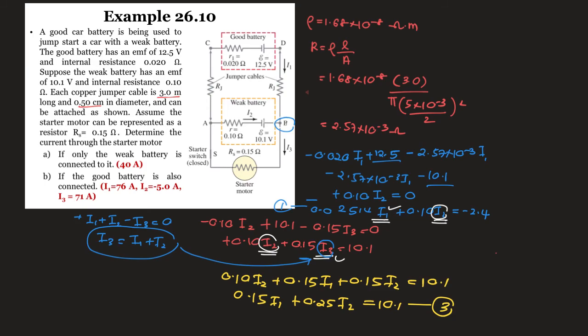Okay, once you're done with that, we are going to put that inside our calculator. So the I1 that I get is 75.6 ampere, and the I2 that I get is negative 4.98 ampere.